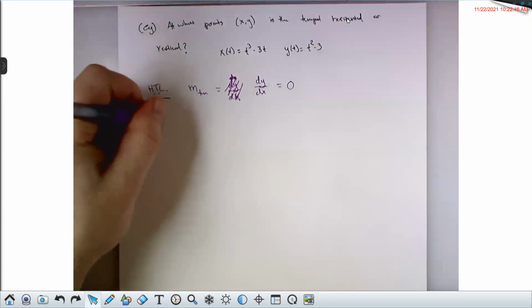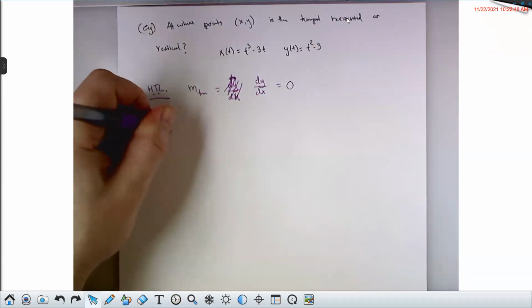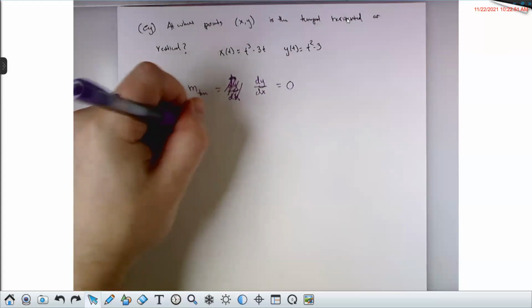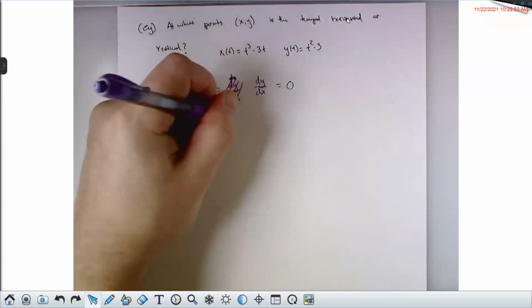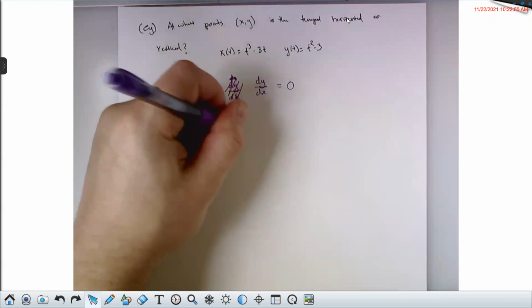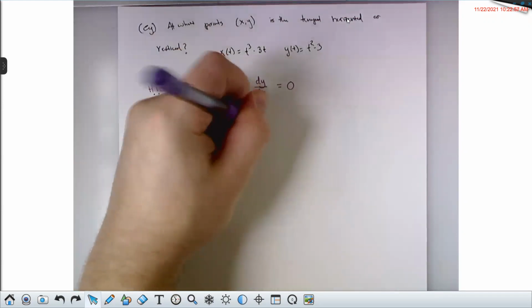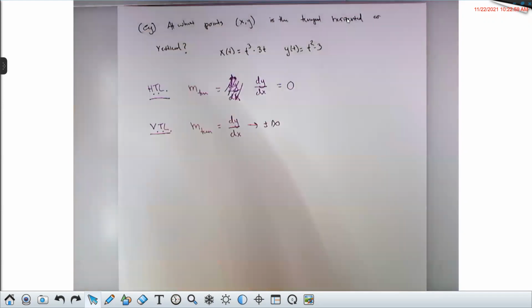And vertical tangent lines mean that the slope of the tangent, which is dy dx, is going to one of plus or minus infinity.